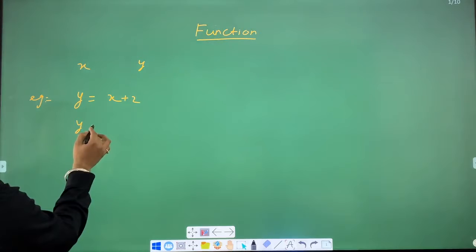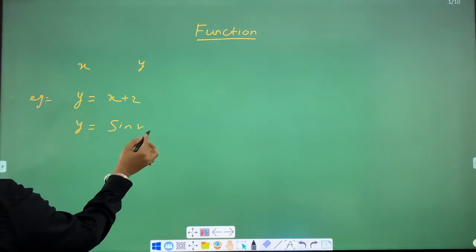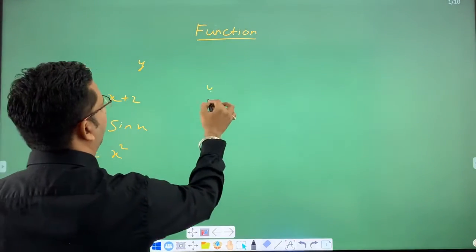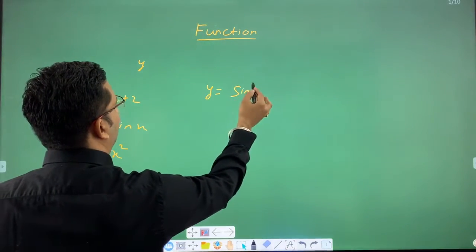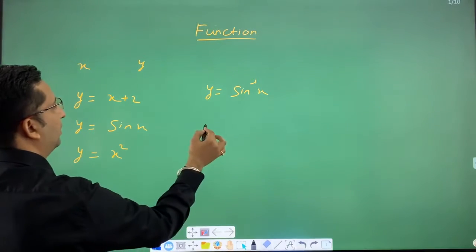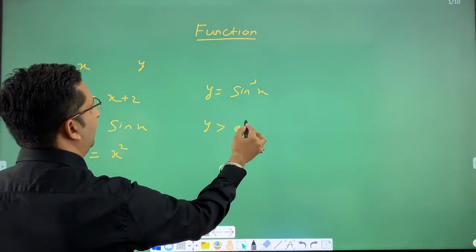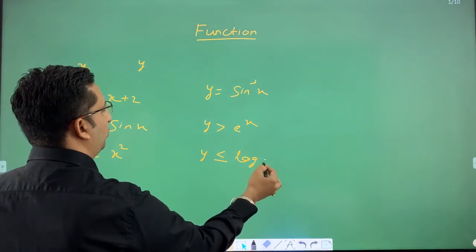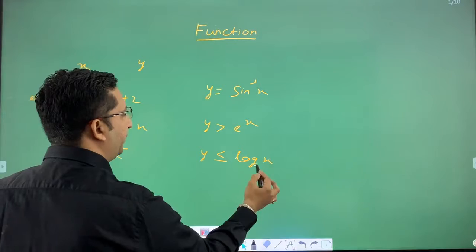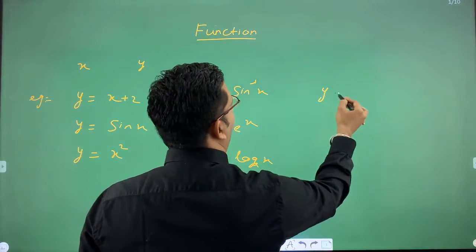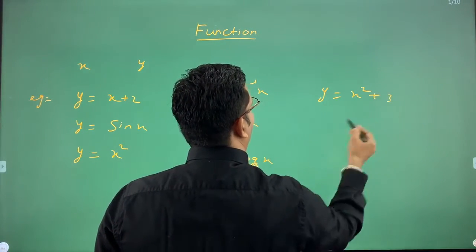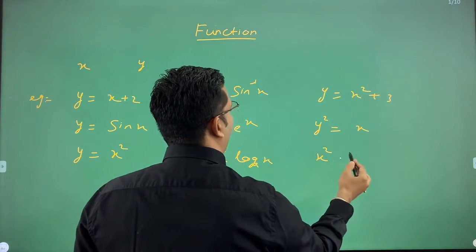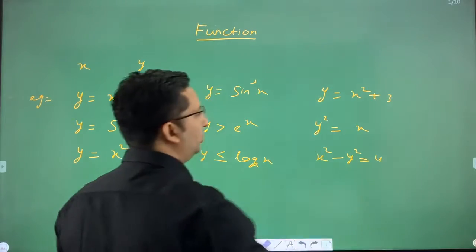You can also take examples like y equals sin x, y equals x square, y equals sin inverse x, y greater than e to the power x, y less than or equal to log x, y equals x square plus 3, y square equals x, x square minus y square equals 4.